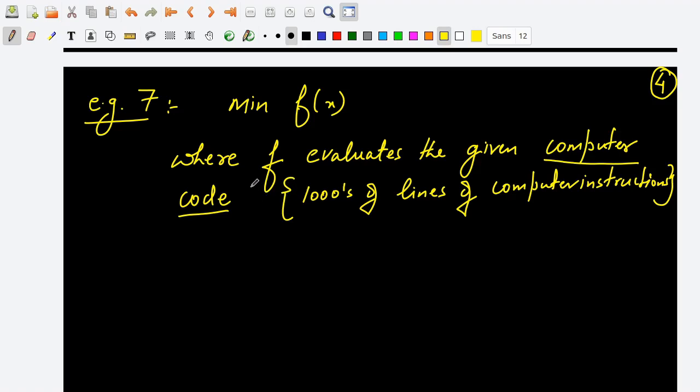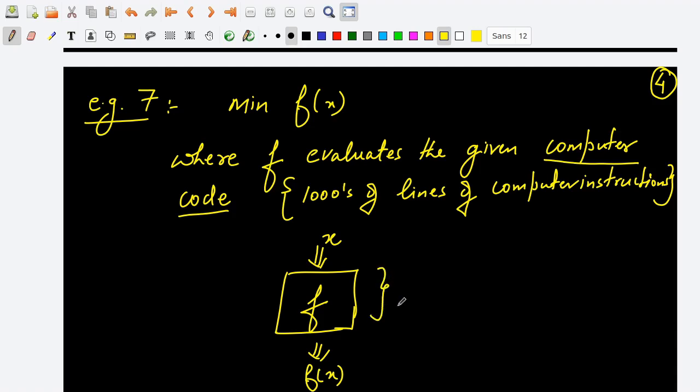So f is just a box, where if you provide some value of x, you will be able to see the value of f(x). Okay, so we don't really care.